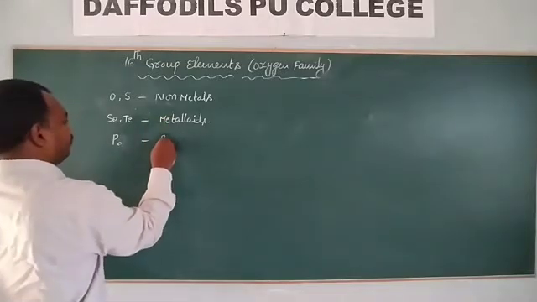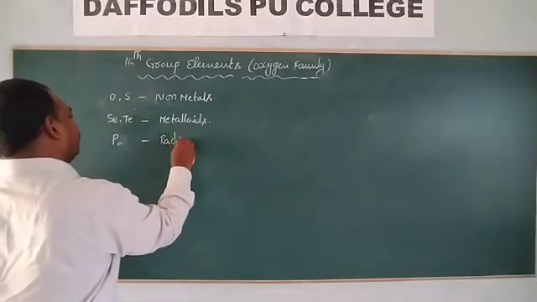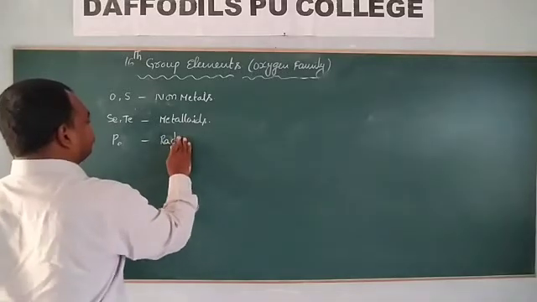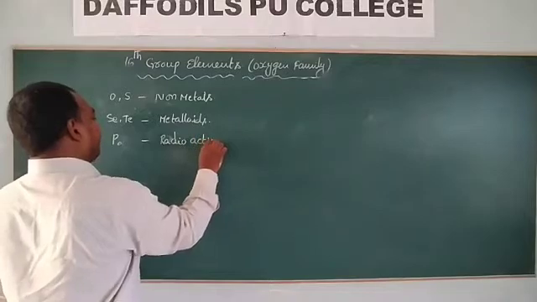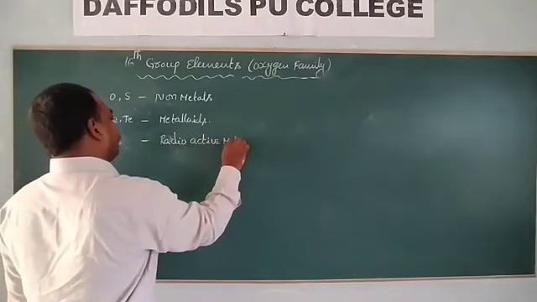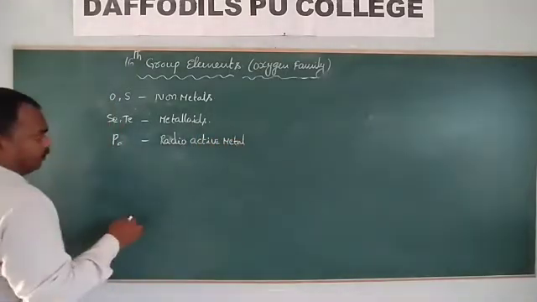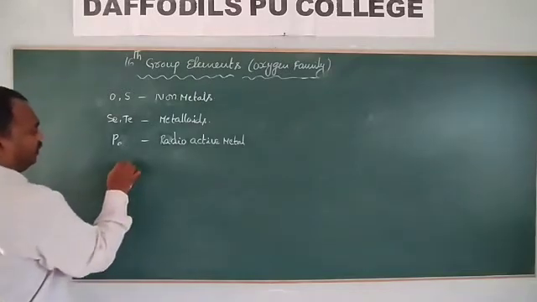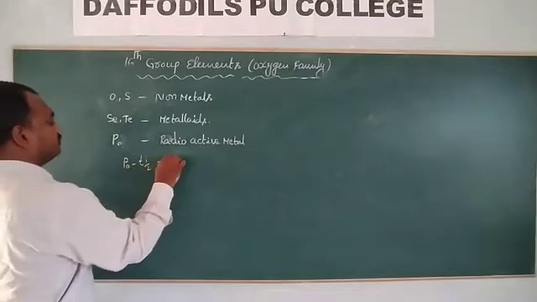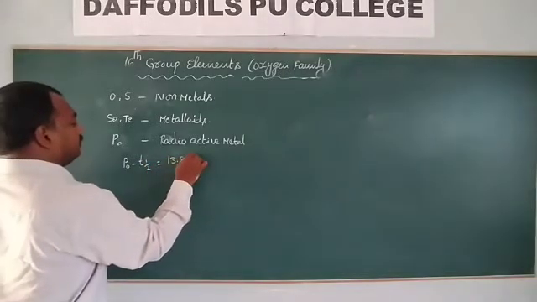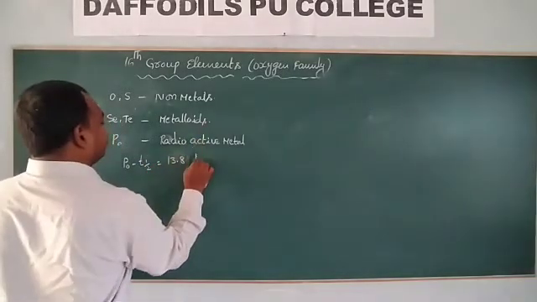Polonium is a radioactive metal. Its half-life period, polonium T half, is 30.8 days.